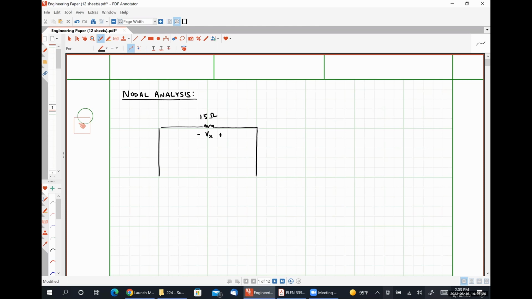Then we're going to have a 5 ohm resistor here, a 20 ohm resistor here, and a 10 ohm resistor down here. A 2 amp current source here in the middle, and a 0.5 Vx current source down here on the bottom right.